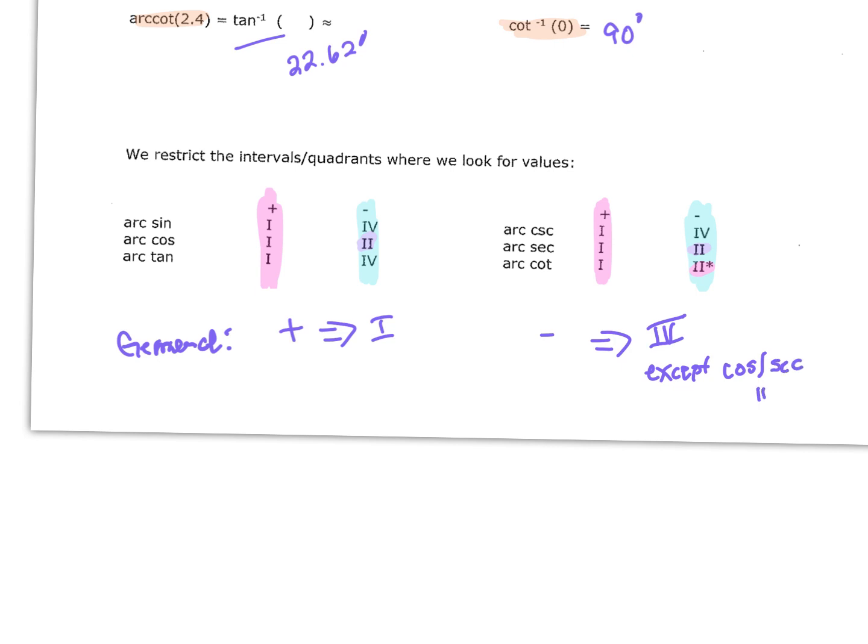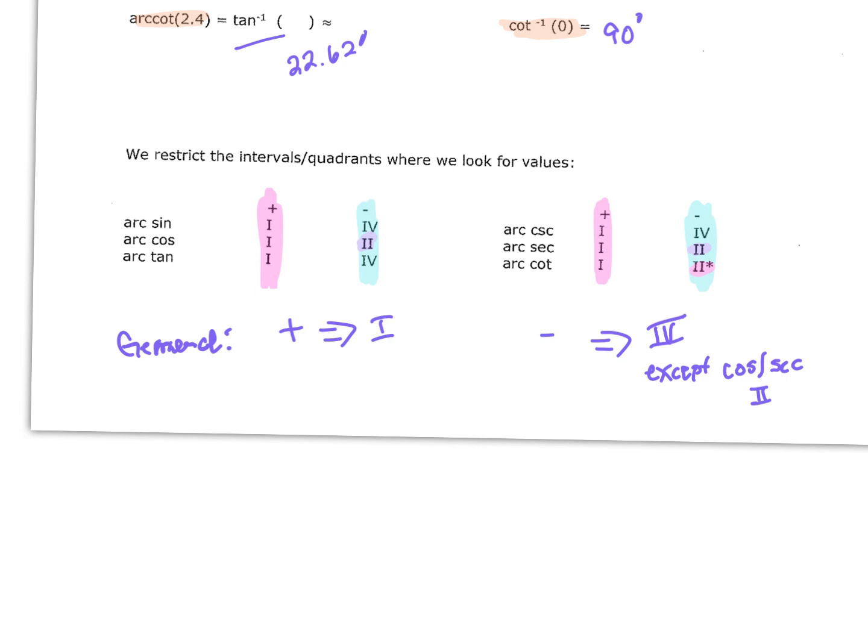And then we have to look in quadrant 2, because cosine values and secant values are not negative in quadrant 4. Okay?